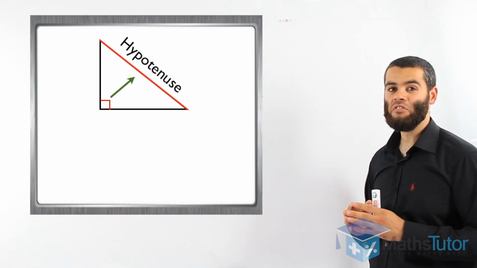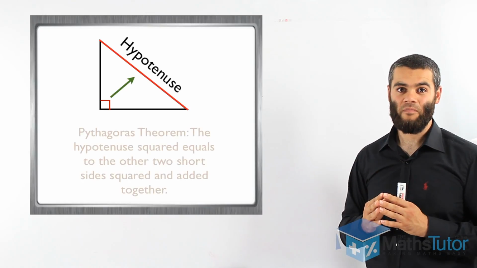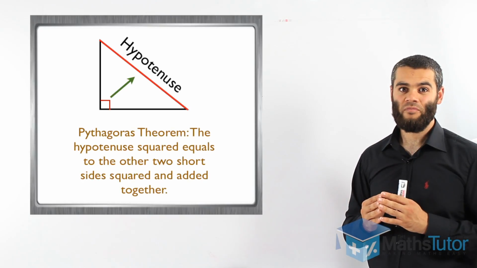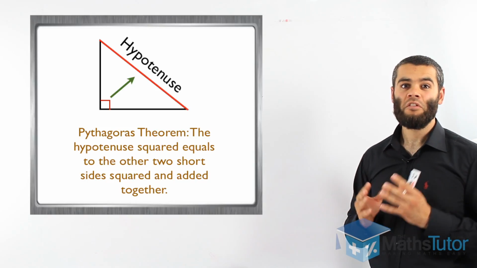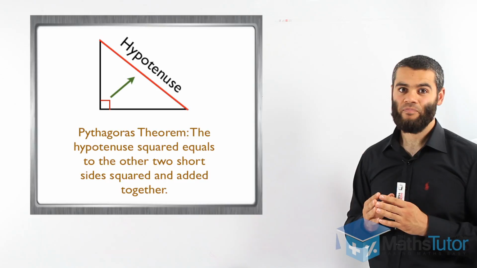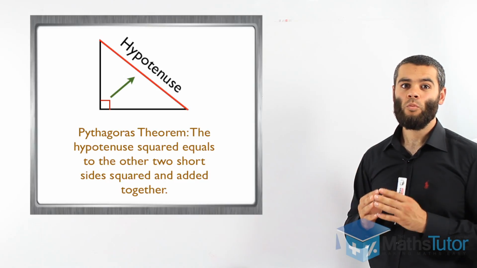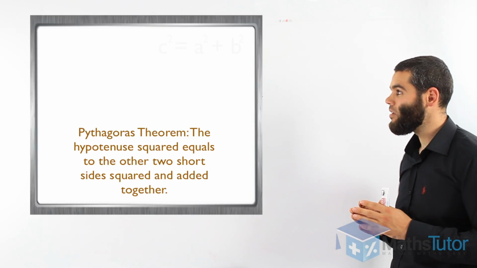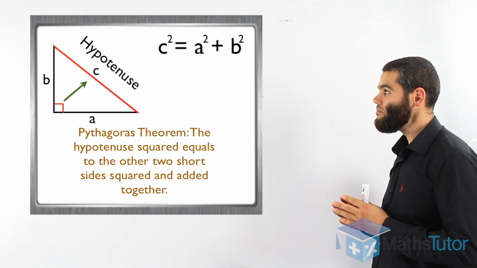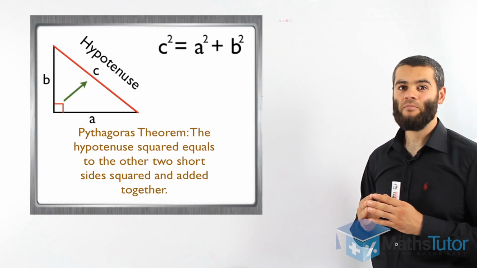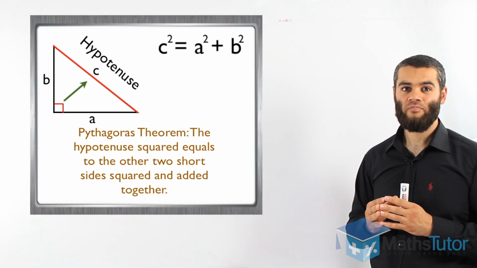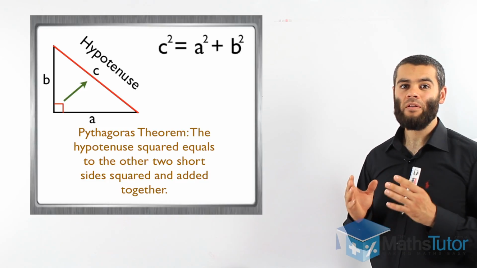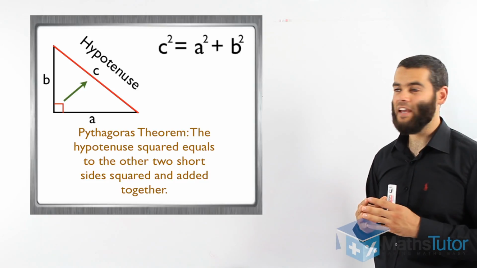Now this hypotenuse, Pythagoras found out that if you square it, it equals the other two short sides squared and added together. So in maths, we write it in a formula like this. He found out that the hypotenuse squared, here we marked it as c, so c squared, equals the other two short sides squared added together.